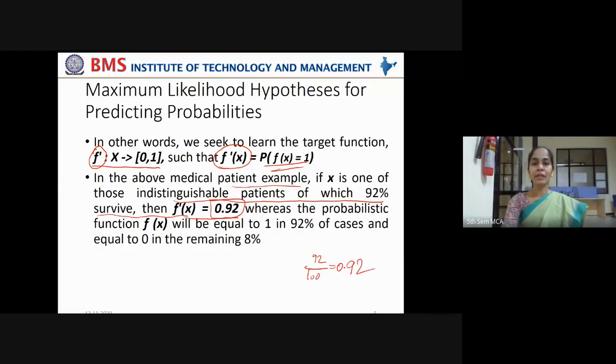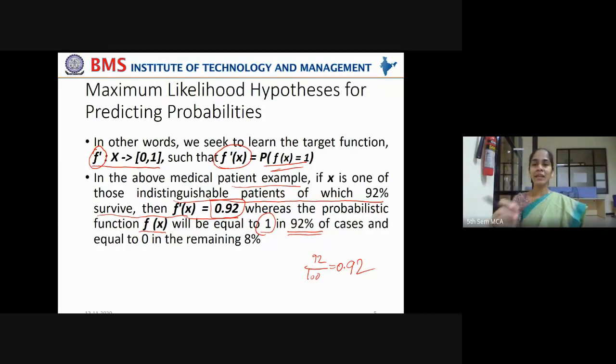Whereas the probability function f of x will be equal to 1. In this case, the probability function f of x will be equal to 1 in 92% of the cases. That is actually what we wanted to represent with respect to probability.